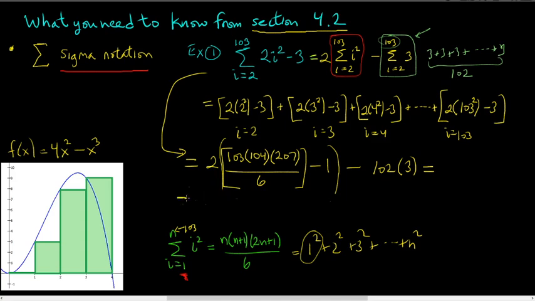Okay, so it looks like you have the 2 on the outside. So what's in the brackets here looks to be 369,564.